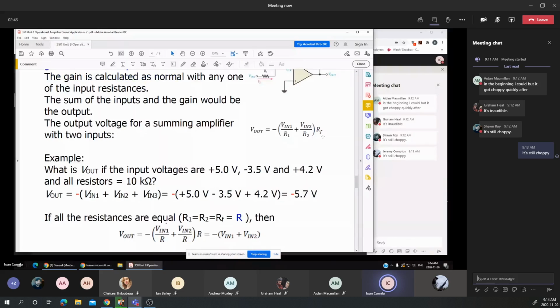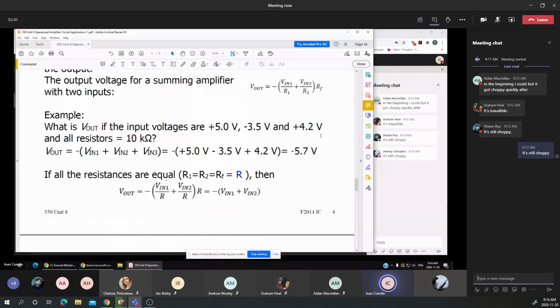An example when we make it between the three inputs, with all resistors 10 kilo ohms, means that resistors R1 and R2 are equal in value. That we reduce and simplify, and will end up with an amplifier which will sum the input voltages.